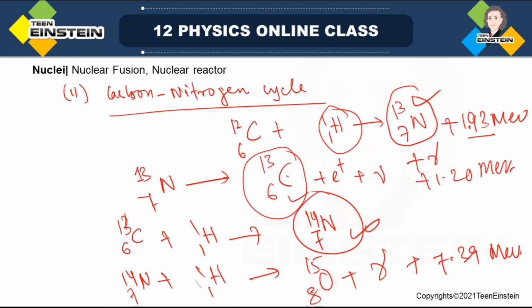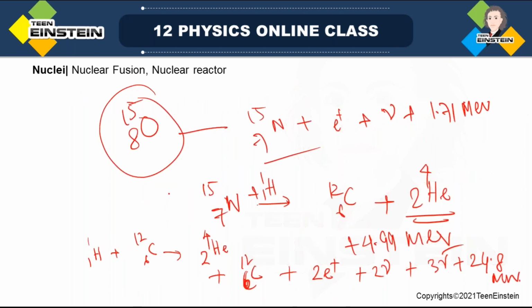And now this nitrogen, upon absorbing a proton, will get converted into a light nucleus of an oxygen isotope, and then that isotope, because it is unstable, will break into nitrogen 15. This is again a radioactive material.